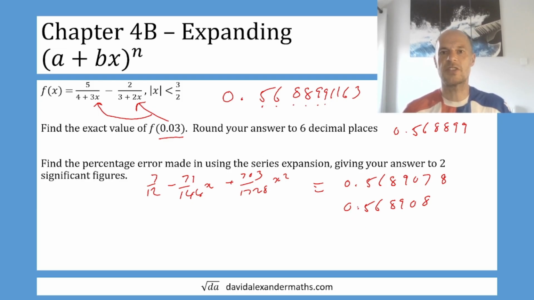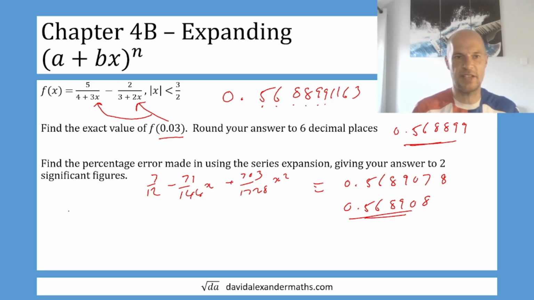So what is the percentage error? Well, this is slightly inaccurate. We can see it's slightly different. So let me just write down here. The actual is 0.568899. And our estimate, I'm just going to write it directly underneath so I can see which one is bigger: 0.568908.